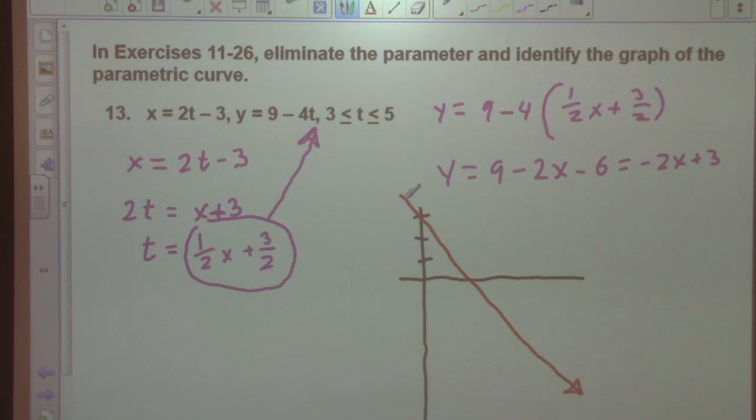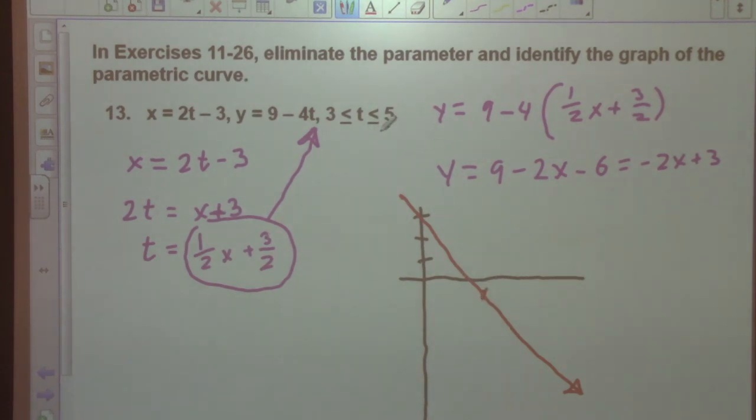But then we have to concern ourselves, don't we, with what t is. And if we plug in 3 for t, what are we going to get? We get 3/2 plus 3/2, 3, right? So 3 will be about right here.